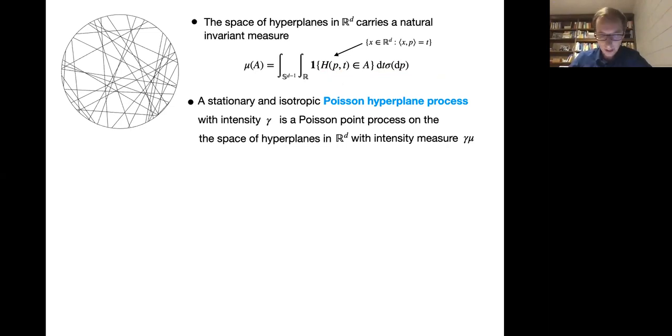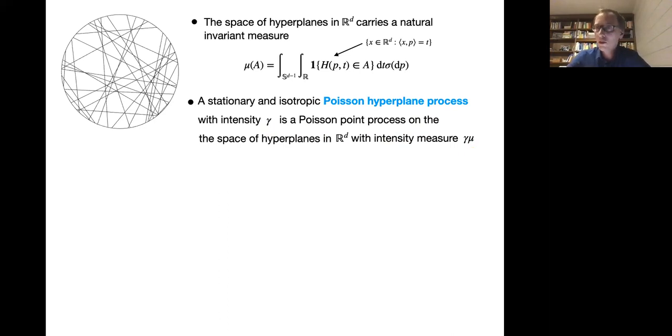And now you can have a look at the Poisson point process on that space. Well, you have a measure, you have a space, so there's a Poisson point process on that space. And this is called a Poisson hyperplane process with a certain intensity. This is just a Poisson point process on the space of hyperplanes having intensity measure gamma times, so this is just a constant, times this invariant measure.